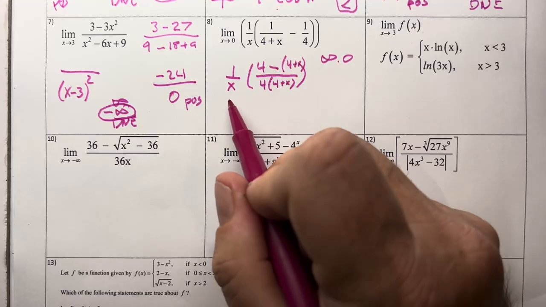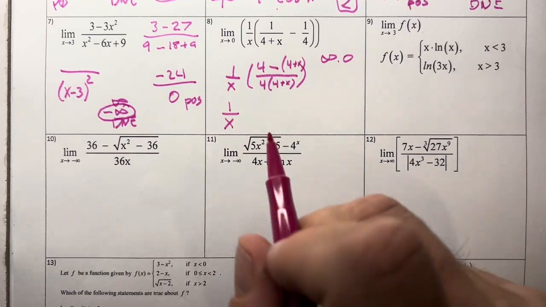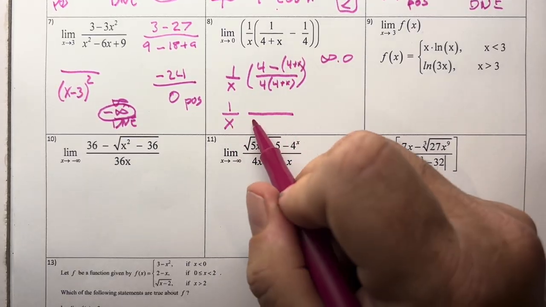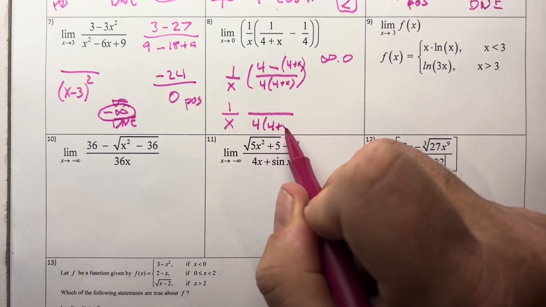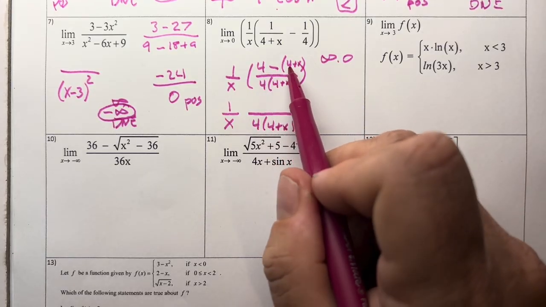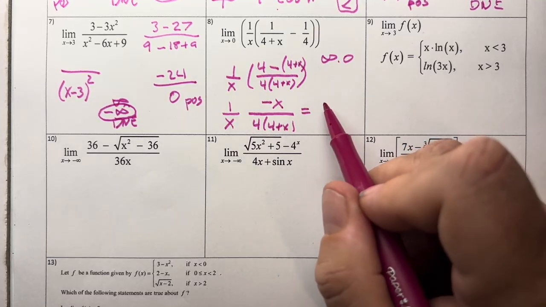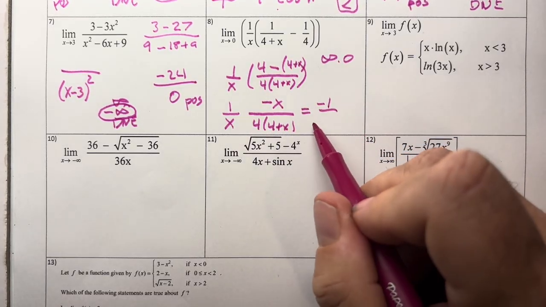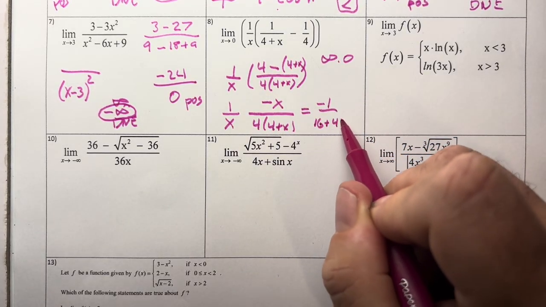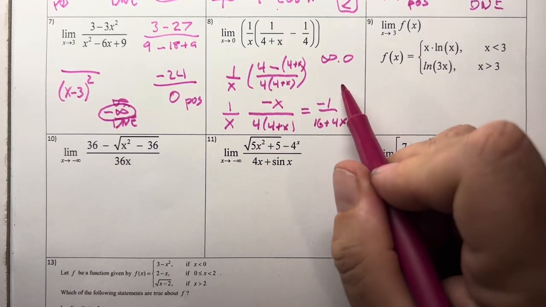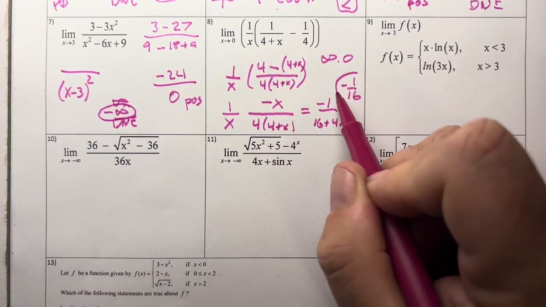What we're left with is 1 over x. No need to change this, so just make that 4 plus x, and the 4 minus 4 cancels out, but we have a negative x on top, and thankfully the x's cancel out. I guess I'll make it 16 plus 4x. And now if I go to 0, I'll get negative 1 over 16.